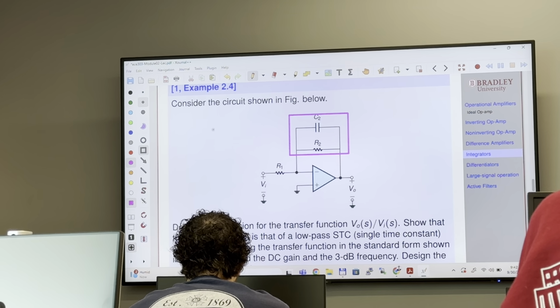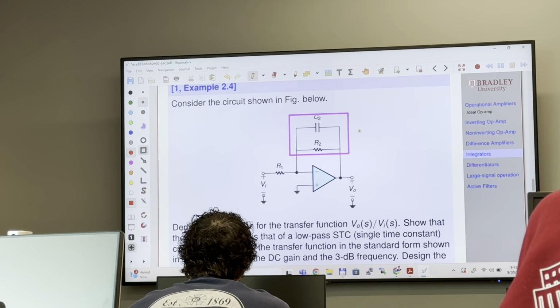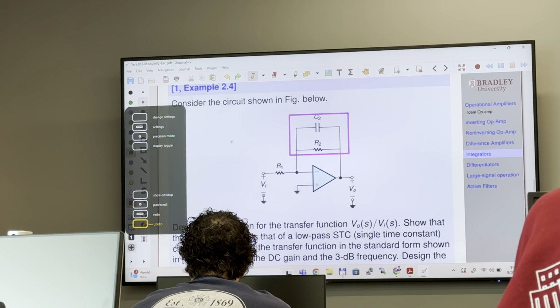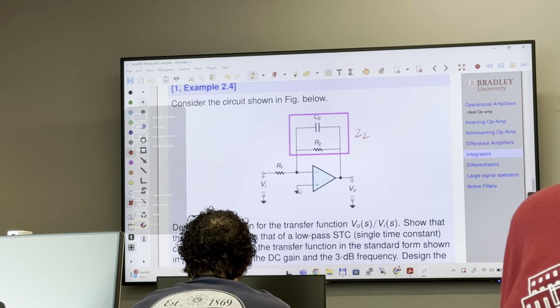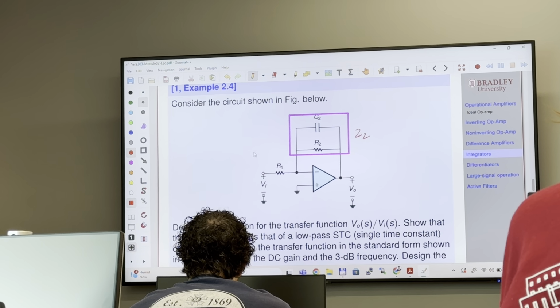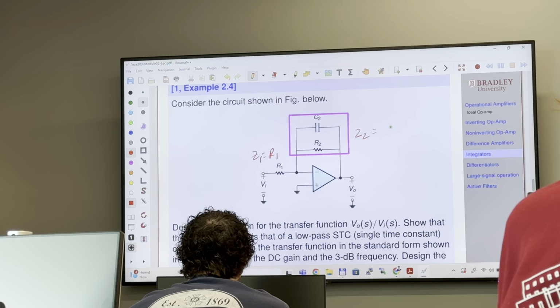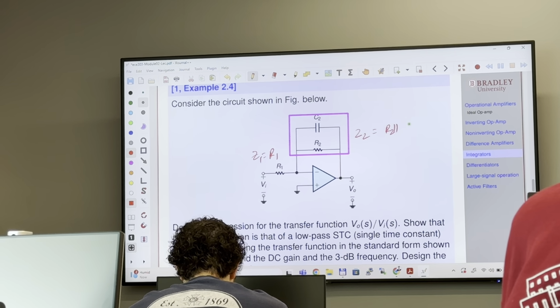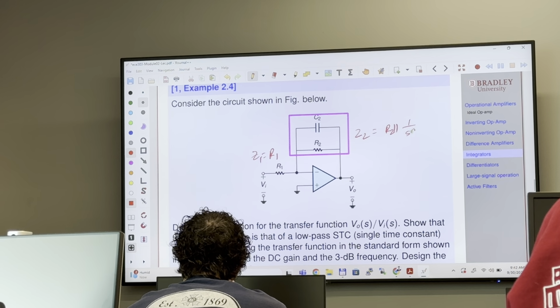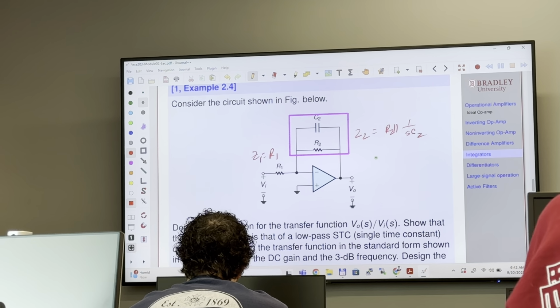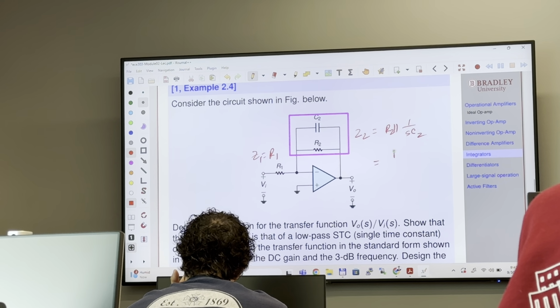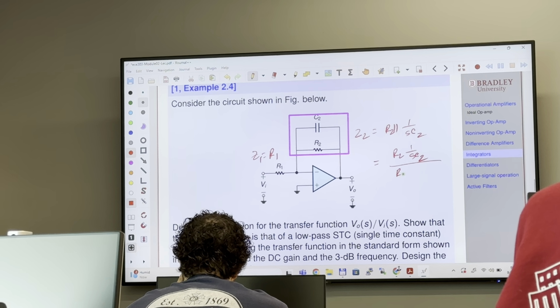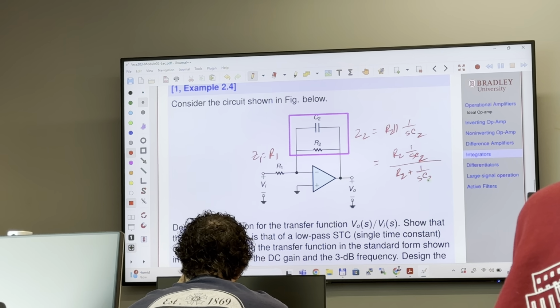These two we replaced simply with C2, and we have Z1 equals simply R1, and Z2 is simply R2 parallel 1 over SC2, which is basically R2 times 1 over SC2 over R2 plus 1 over SC2.